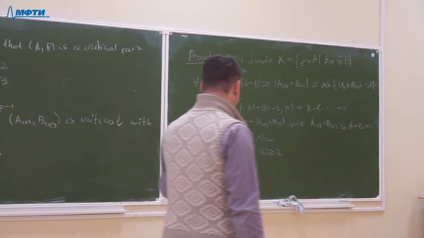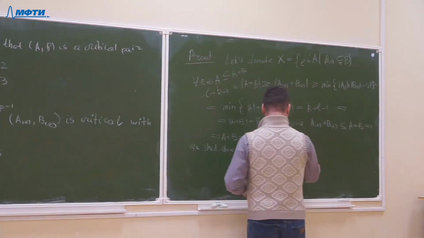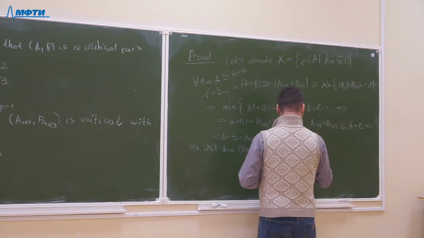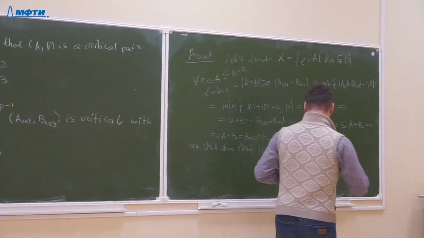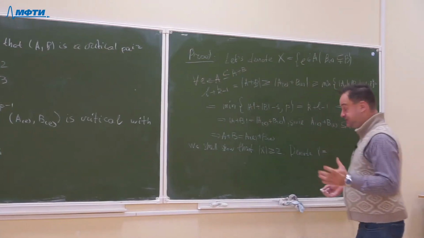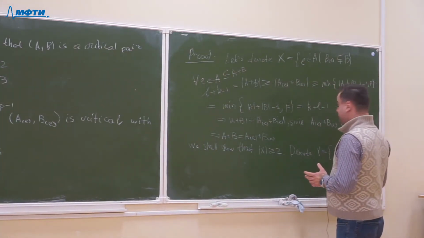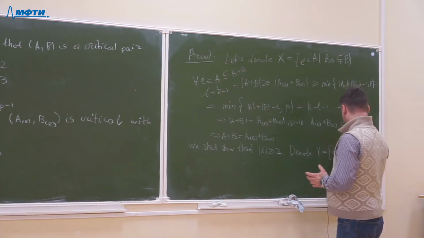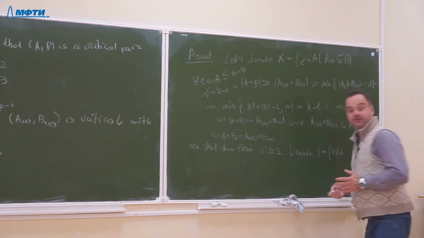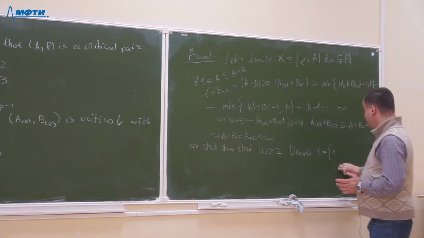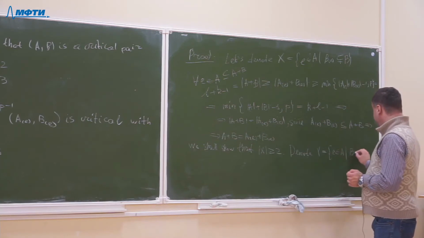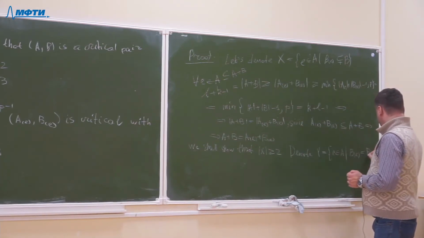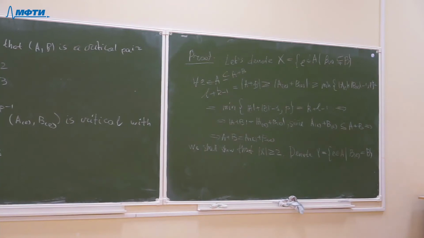Well, let's denote Y to be the opposite set, all the E's from A with the property BE equals B. Complement set, right?